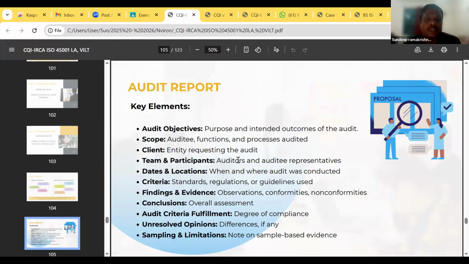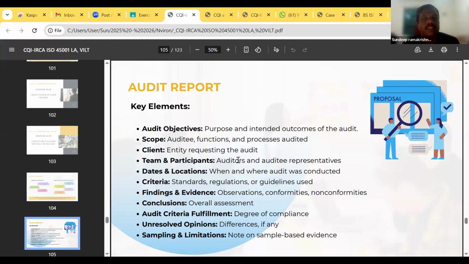The key elements in any audit report are the audit objectives, the purpose and the intended outcomes of the audit. Then the scope: who are the auditees, and what are the functions and processes audited. If there is an audit client, the person who requested the audit, their details should also be included. Who are the auditors and auditee representatives, the team and participants, dates and location.